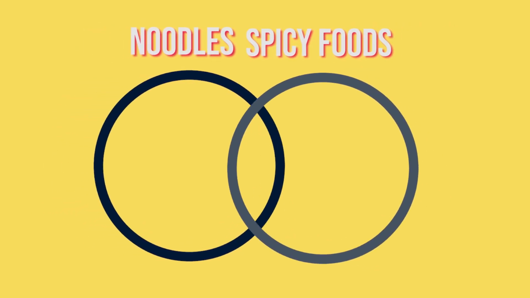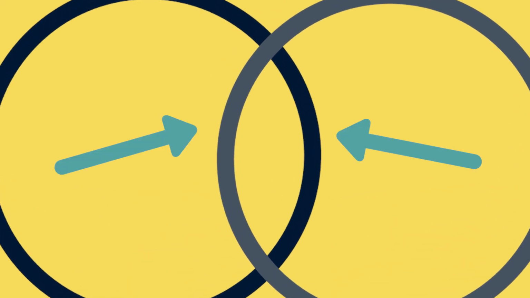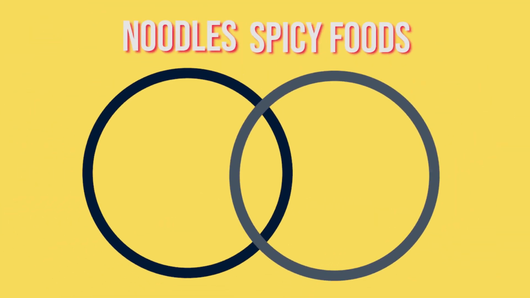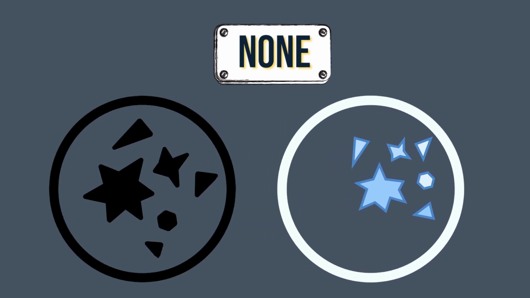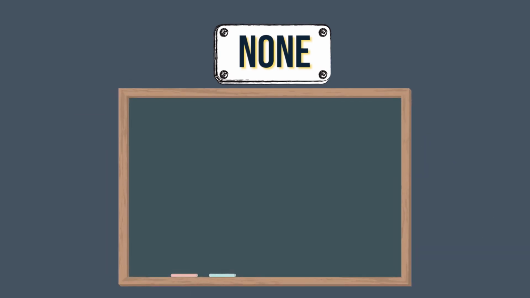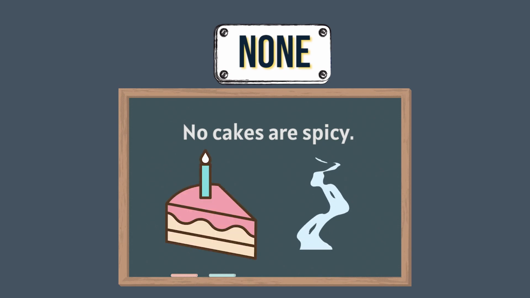Thus, we draw this kind of statement as follows. The last quantifier is the no or none. The none quantifier means that the two sets are mutually exclusive of one another. Thus, we draw these sets apart from each other. Consider the statement, no cakes are spicy.